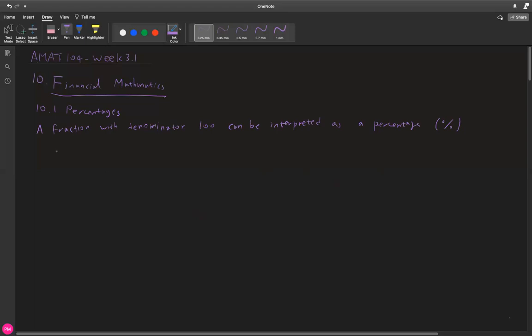So for example, when you say some number x percent, this implies x over 100, where x can be any number. So if you have, let's say, 70%, that's exactly the same as saying 70 over 100. And that's all there is to it.